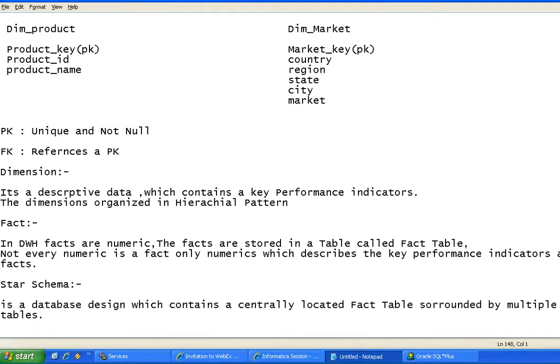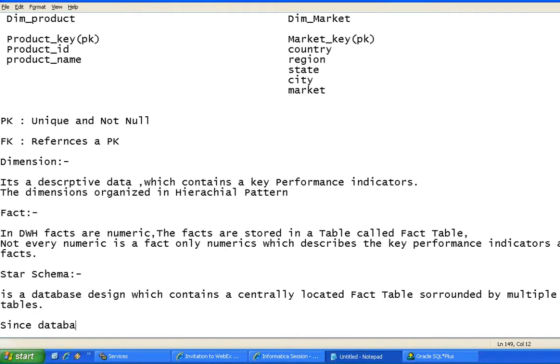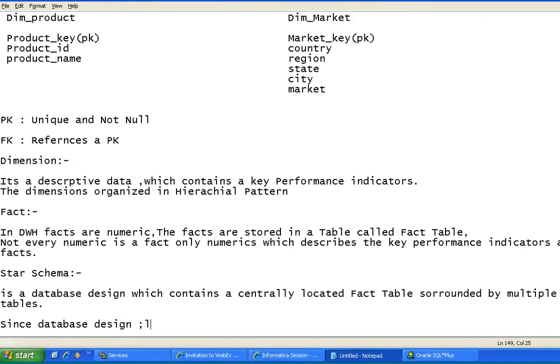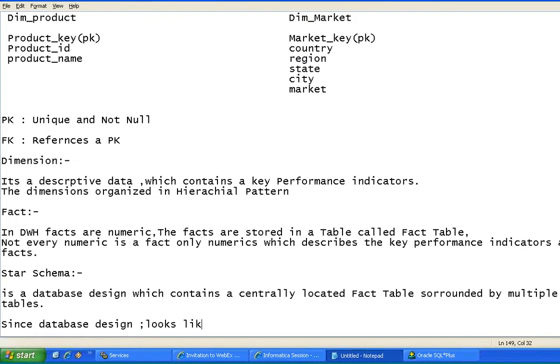Since the database design looks like a star, we call it a star schema database design.